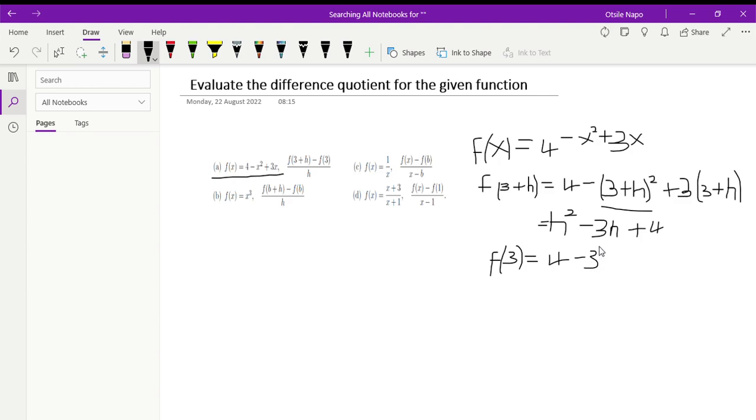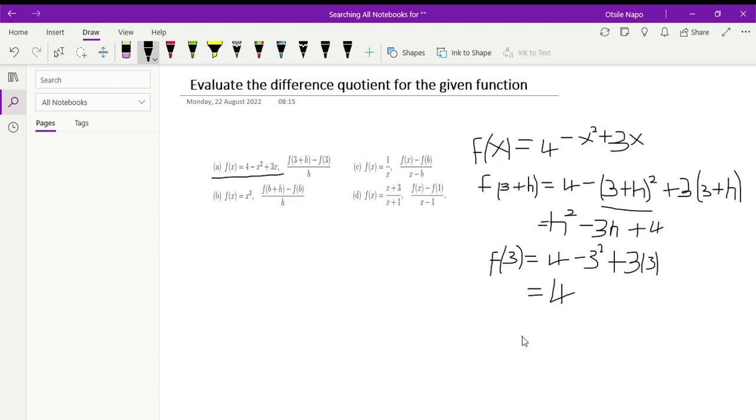You can put a parenthesis around the 3, or you can just leave it as it is. Then 3 multiplied by 3. You can just use your calculator. That will give us 4, so f of 3 gives us 4.